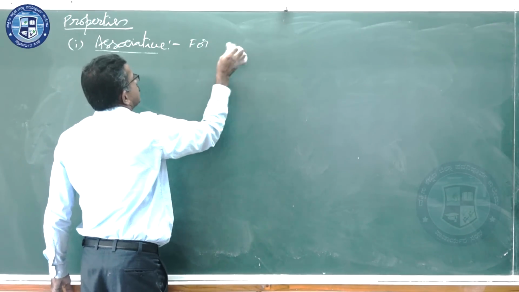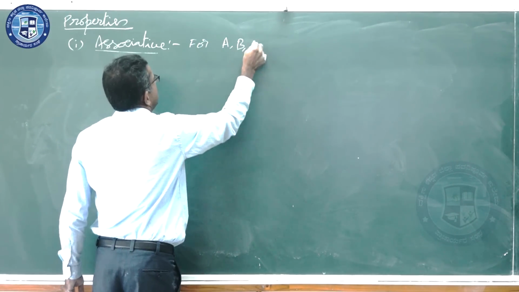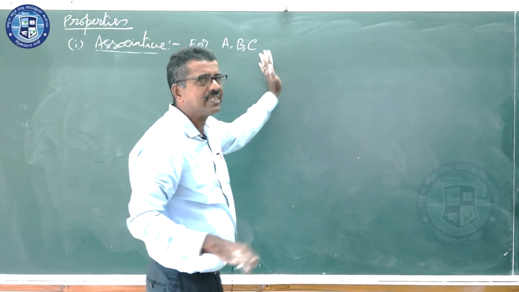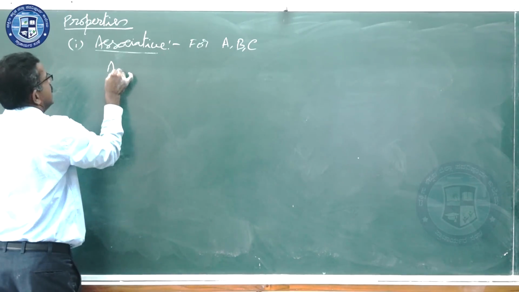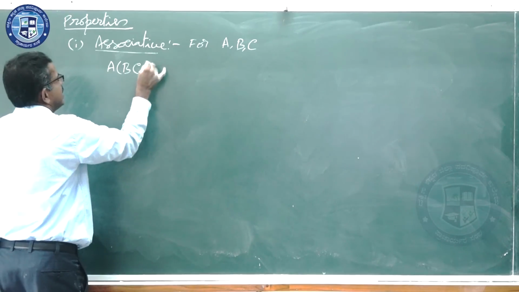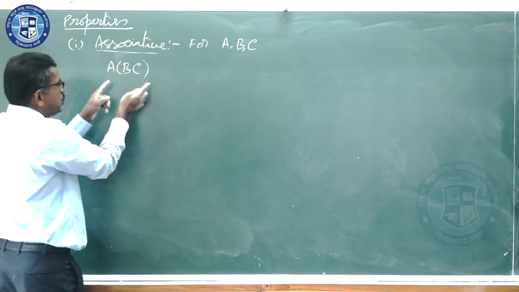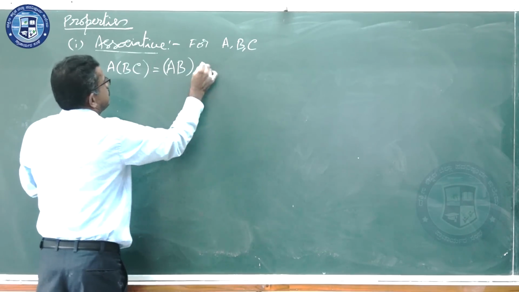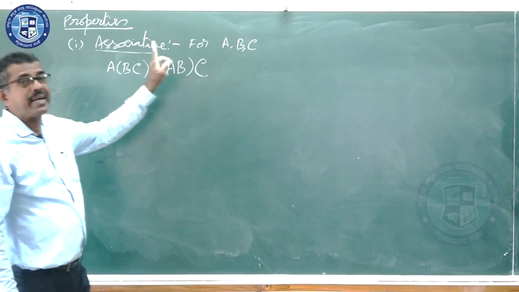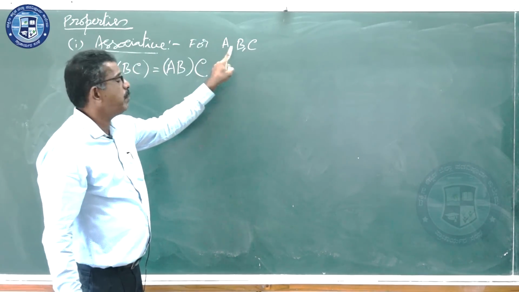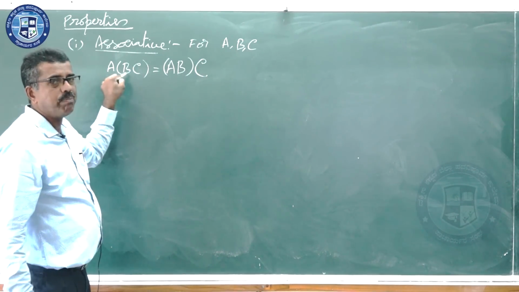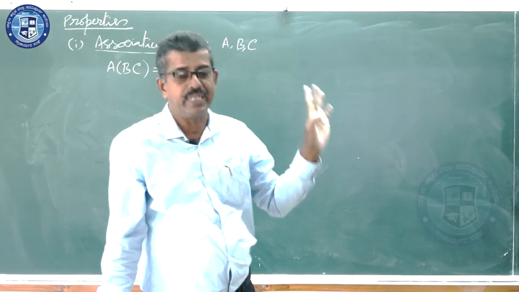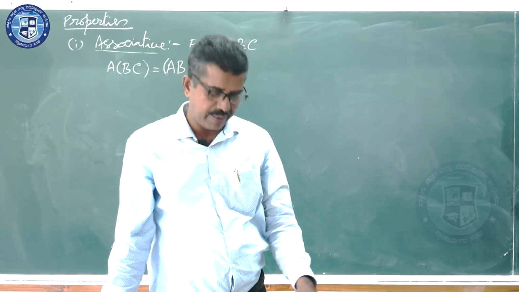For any three matrices A, B, C which are eligible for multiplication, if AB and BC exist, then we can confidently write A into BC, that is A into B into C, will be the same as AB into C. A question may be asked for 5 marks based on this. We shall discuss that example given in the NCERT book.